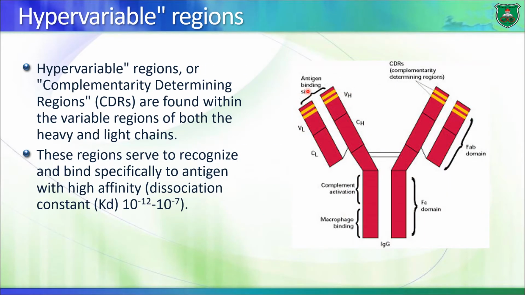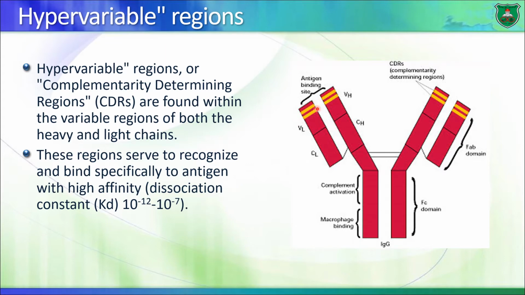Now, if we zoom into the variable region that is present right here at the tip of the immunoglobulin, there are specific regions that are also important, and these are known as the hypervariable regions, also known as the complementarity determining regions, or CDRs. From the name hypervariable, it means that the differences in the amino acid sequence exist right here in the hypervariable region.